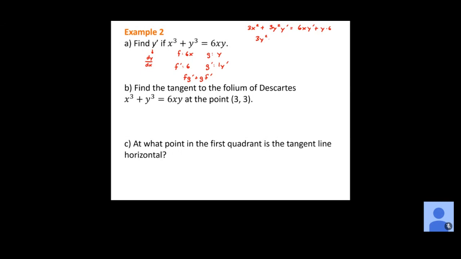So I have 3y squared y prime equals 6xy prime plus 6y minus 3x squared. Now I'm going to take the y prime term from the right. I'm going to move it to the left. So now we've got 3y squared y prime minus 6xy prime equals 6y minus 3x squared.